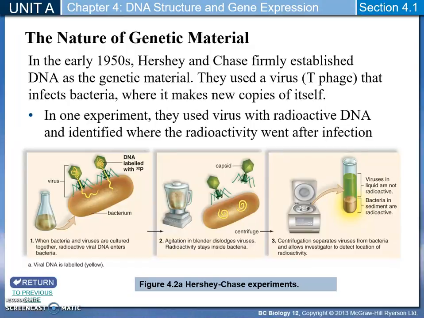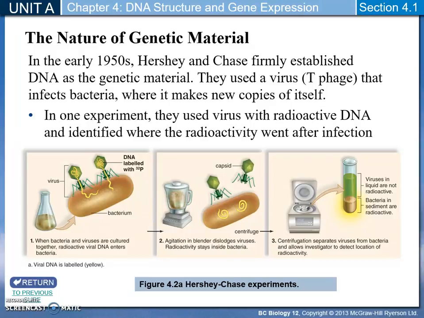In the early 1950s, Hershey and Chase firmly established DNA as the genetic material. So we're only talking 1950s here, not that long ago. They used a virus, a bacteriophage referred to as T phage, that infects bacteria, where it makes new copies of itself.